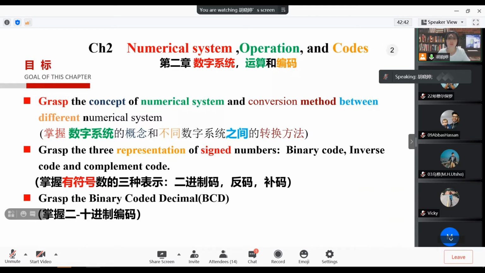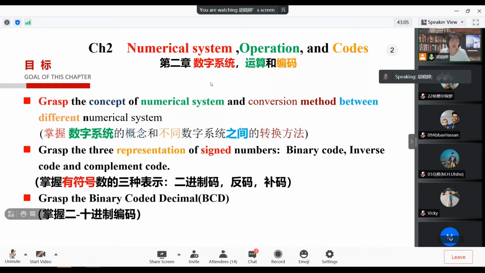In the first part, you need to grasp how to implement the conversion between different numerical systems. So that is the first knowledge point.